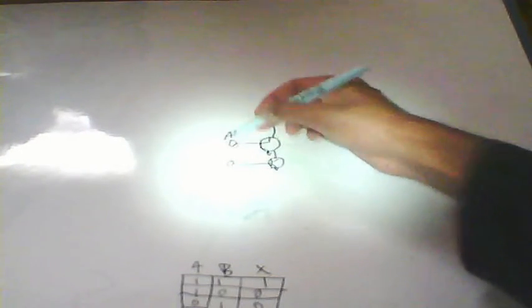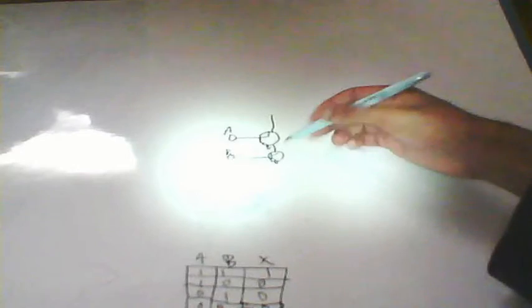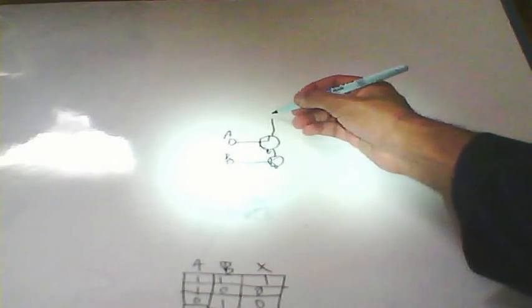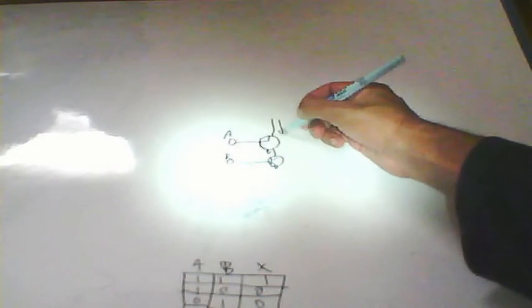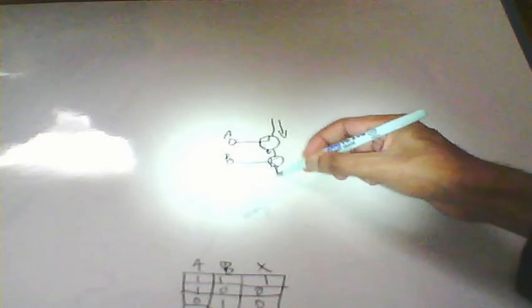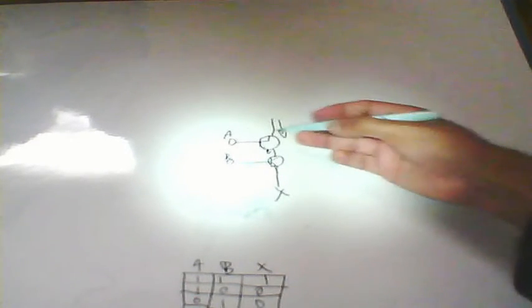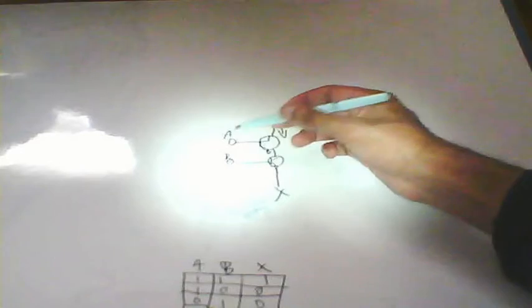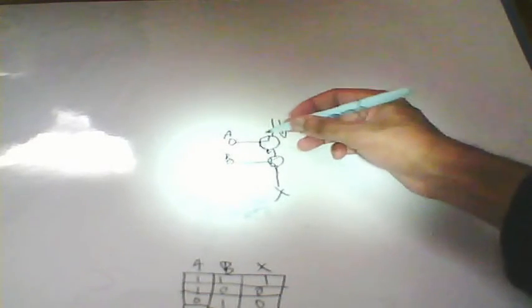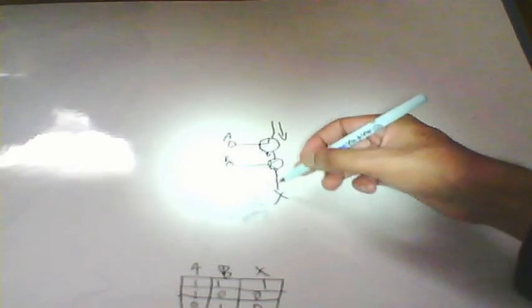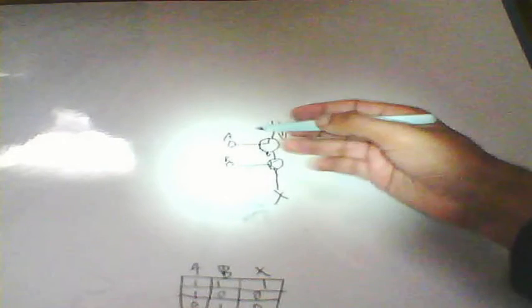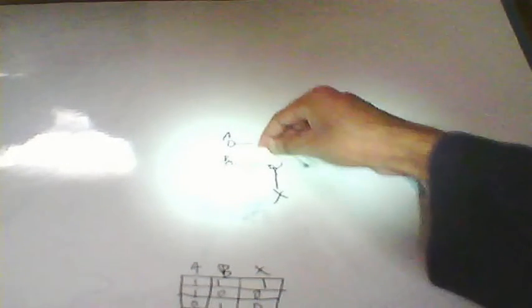Let's call this A, let's call this one B, and then we have our current passing down this way into output X. So if both are true, both these transistors will allow the energy to pass through to X. If only A is... hold on, these are sideways, aren't they?